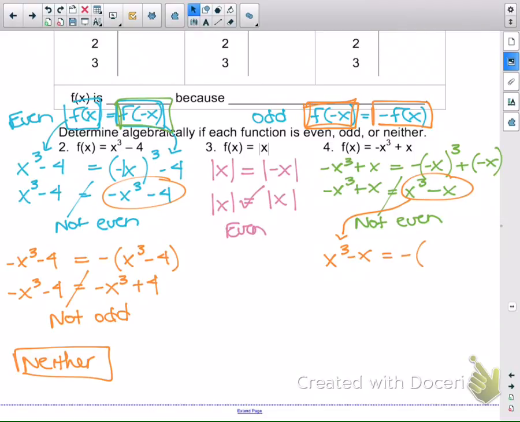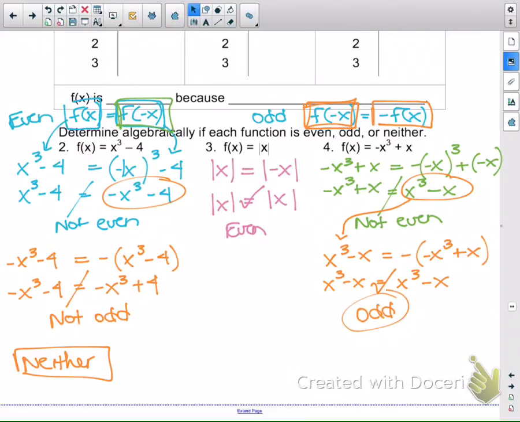The original one. Always go back to the original for that. And distribute that negative. When I distribute the negative, what is that going to give me? Are those equal? Yes, which tells me this is what? Odd.